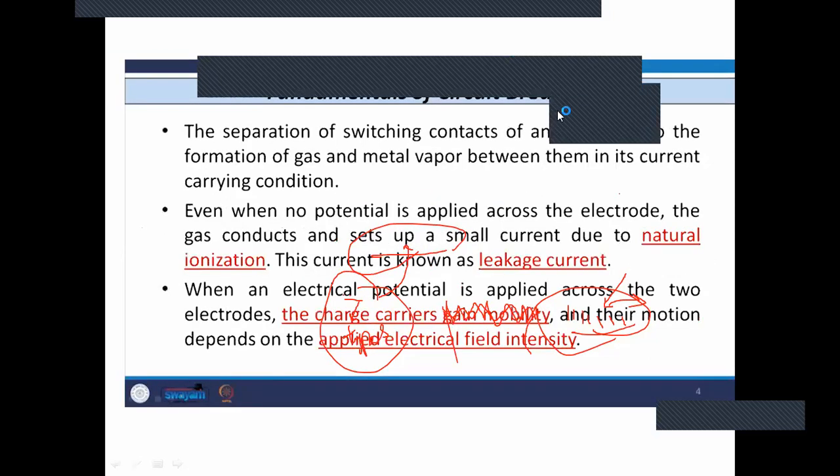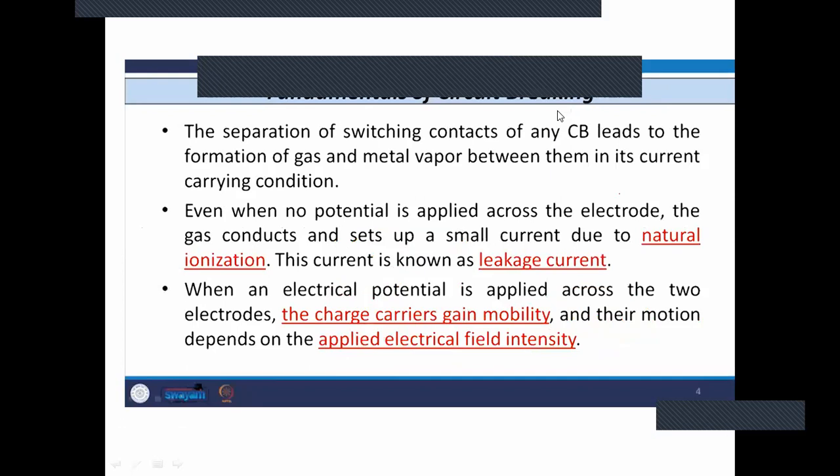The separation of the switching contacts of any circuit breaker leads to the formation of gas and metal vapor between them in its current carrying conductor. Once the contacts of the circuit breaker open in case of a fault, metal vapors and gases are formed.